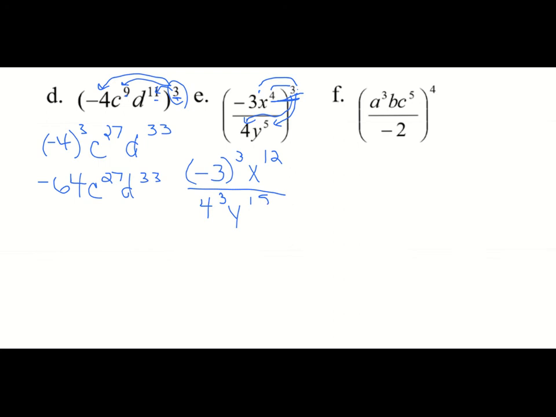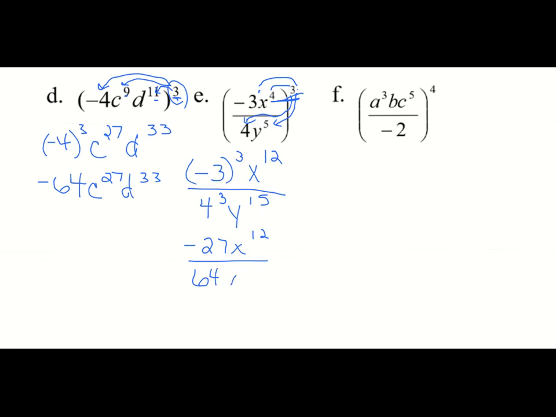Okay, so really what you want to do here is you want to see, can we do any simplifying? And like here, -3 to the third power, we do want to multiply that out, get some numbers there. -3 times -3 times -3 is going to end up being -27 x to the 12th over 4 to the third power is 4 times 4 times 4, which is 64.